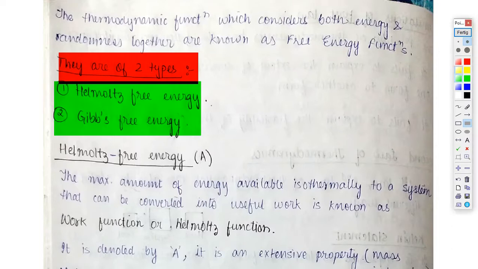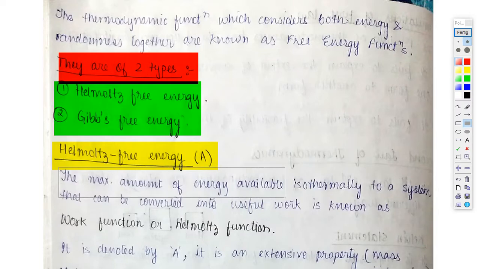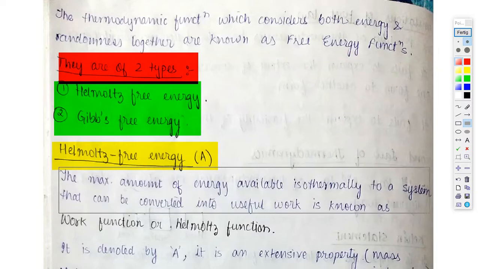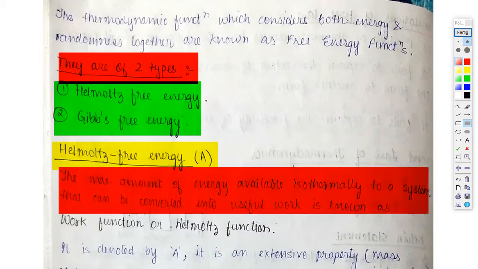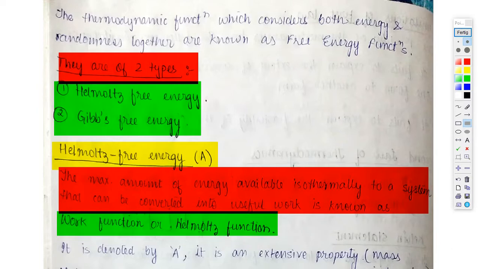Let's discuss the Helmholtz free energy and its definition. The definition states that the maximum amount of energy available isothermally to a system that can be converted into useful work is known as the Helmholtz function, also known as the work function.